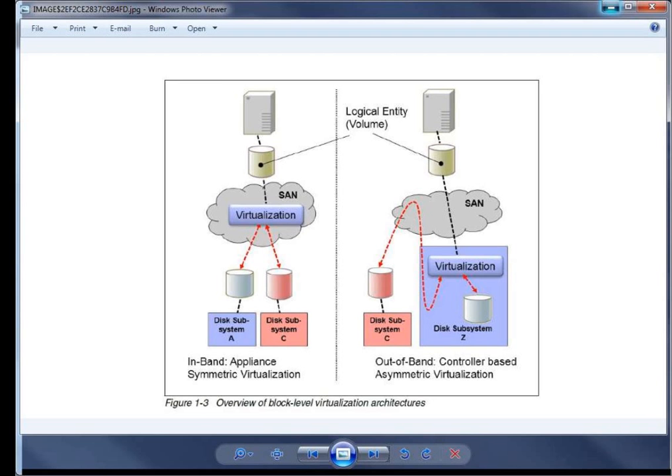See, when the SVC sits in between, the SVC acts as a storage provider, and all the operations will happen at the SVC end, at the fabric layer. Fabric is the Fibre Channel network, the SAN network. Please do not confuse this with the regular Ethernet.